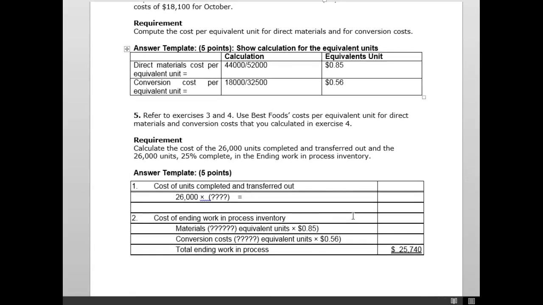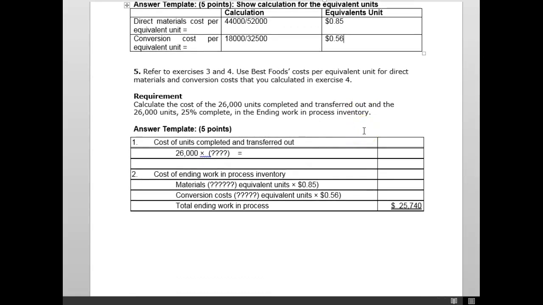So you kind of get an idea of how this works. Then refer to exercises 3 and 4 and use the cost per equivalent unit for direct materials and conversion cost that you calculated here in 4. Use that information here. Calculate the cost of the 26,000 units completed and transferred out, and the 26,000 units at 25%. So what is their cost?